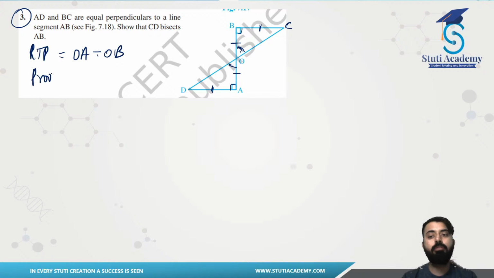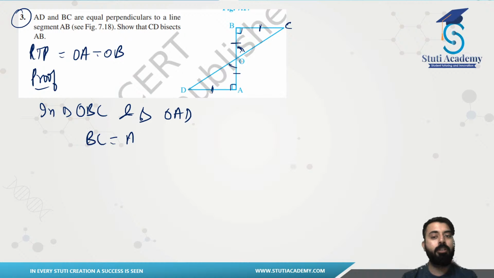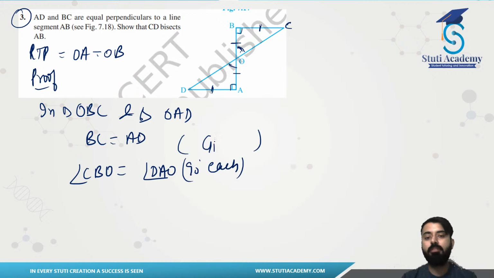Now for the proof, in triangle OBC and triangle OAD, I know BC is equal to AD. I know angle CBO equals angle DAO, 90 each. This is given.